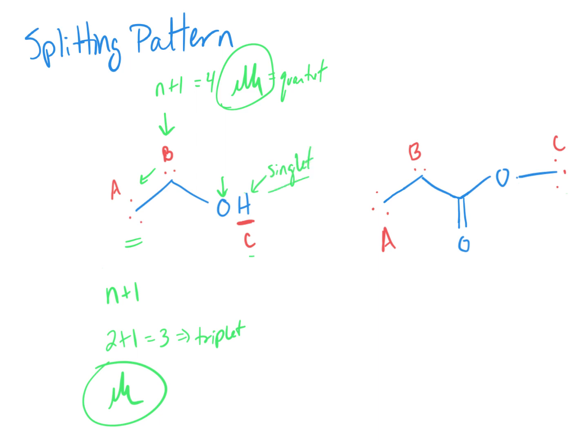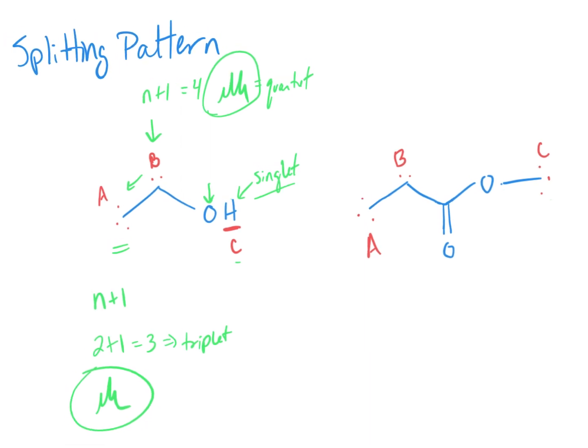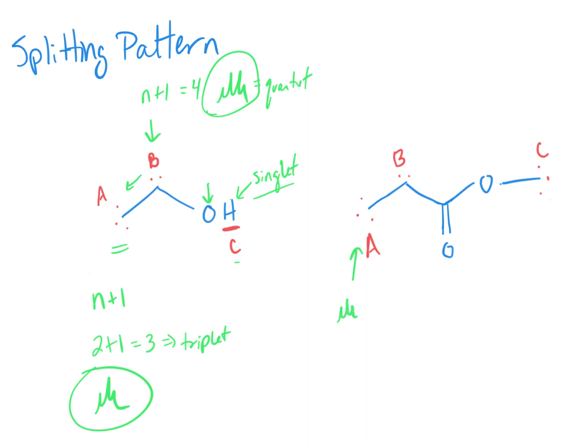Okay. We would see a similar type of pattern over here. So this again would be split by B next door, giving you a triplet. And B would be split by A, giving you a quartet. Okay? And then C, being by itself, is just going to be a singlet.